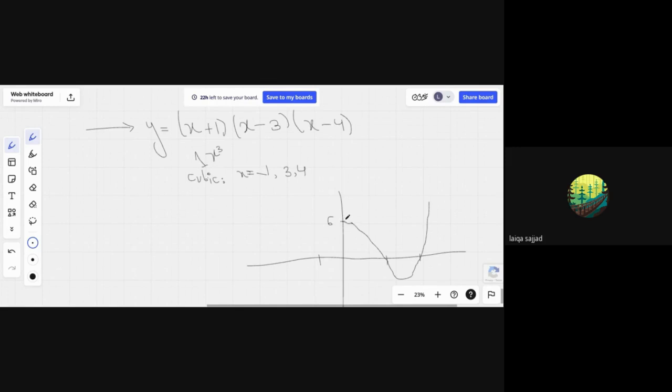So it would cross at this point, and it would again come back and cut the graph where x is equal to -1. So you are having two turning points. The first one is the minimum and this one is the maximum. This is how we draw it.